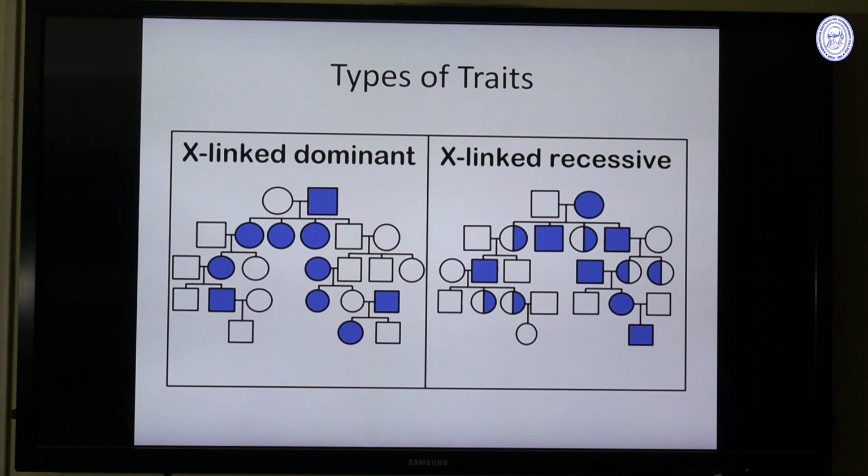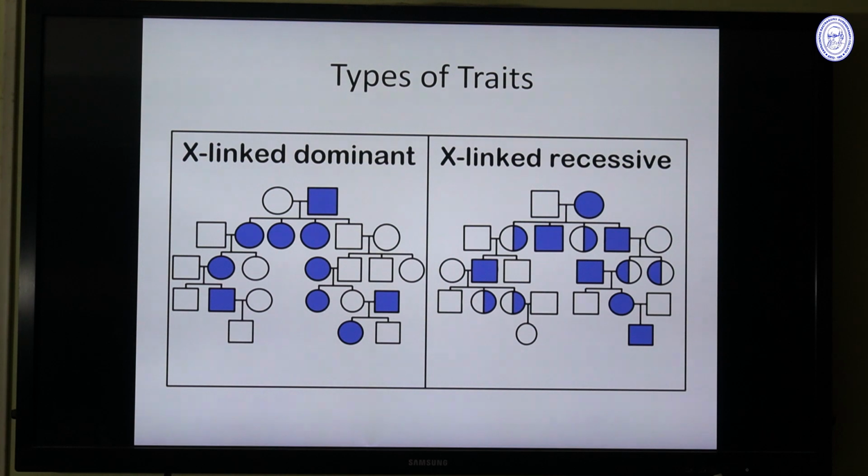In the case of X-linked recessive, you can see here some of the carrier condition. The carrier individual can have affected individuals, and usually the mother will pass the trait to the son because the son gets his X chromosome from the mother, not from the father.